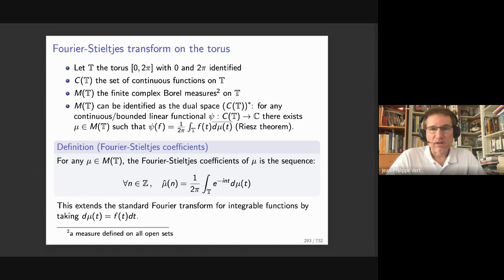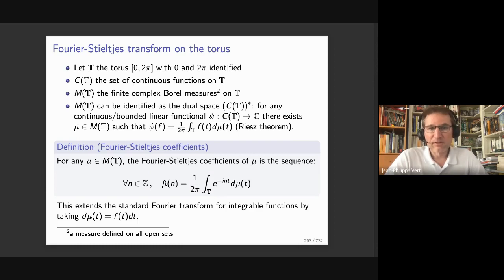So if mu is a measure on the torus, and again, the torus is just the interval 0 to 2 pi, but where we identify 0 and 2 pi, so think of it as defining the periodic functions. Then we call the Fourier transform of mu the set of coefficients, so it's discrete because we work on the compact set 0 to 2 pi, defined by mu hat of n.